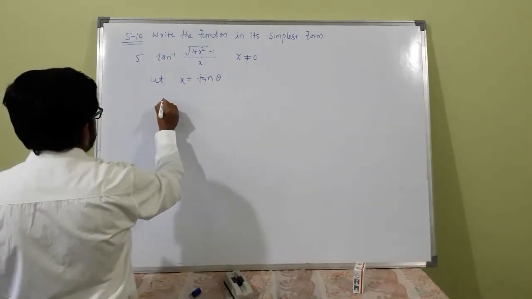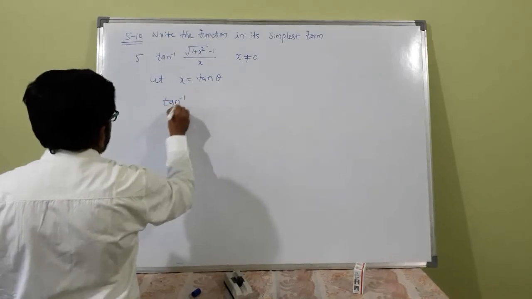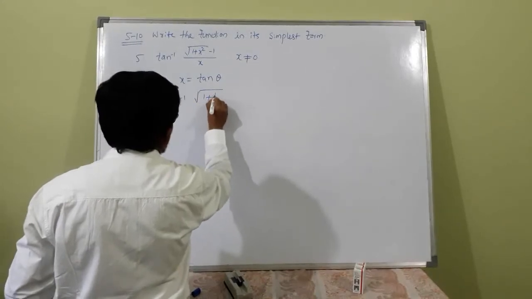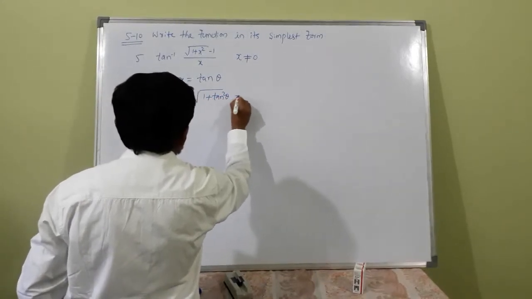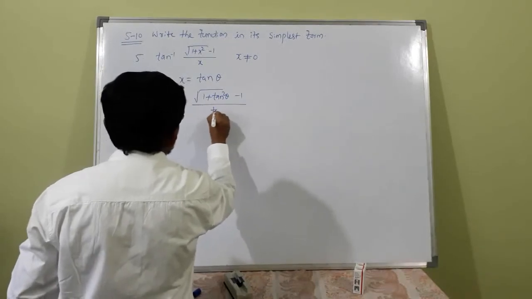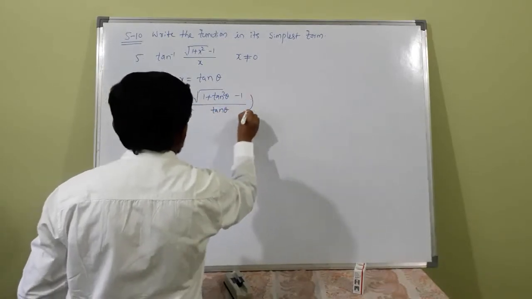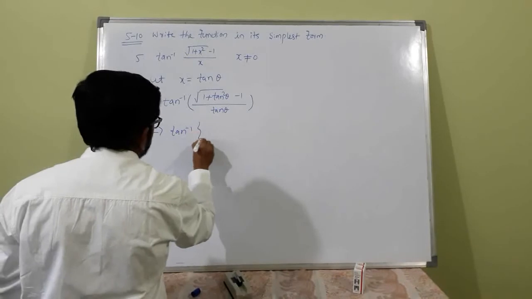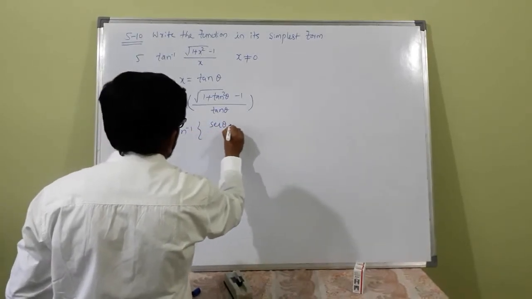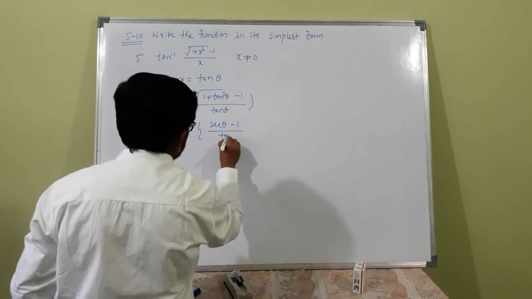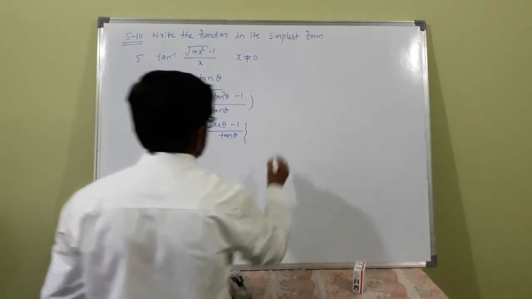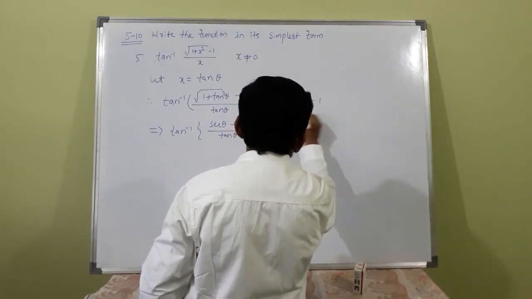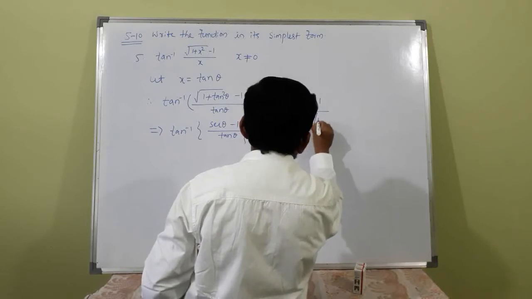So tan inverse, therefore tan inverse of square root of 1 plus tan squared theta minus 1 divided by tan theta. Okay, this implies tan inverse of secant theta minus 1 divided by tan theta. So 1 by cos theta, secant theta, minus 1 divided by sin theta by cos theta.